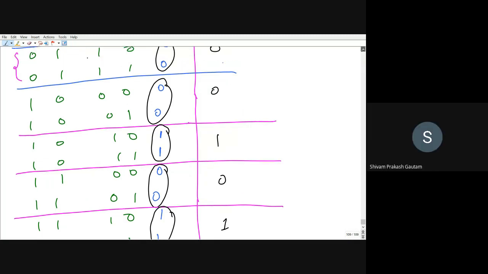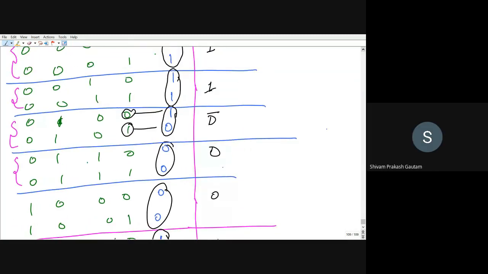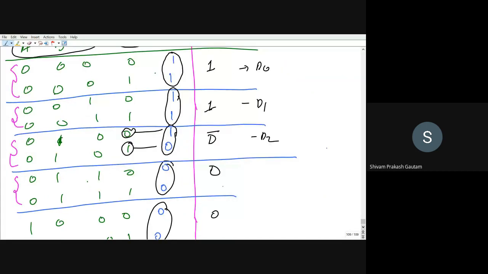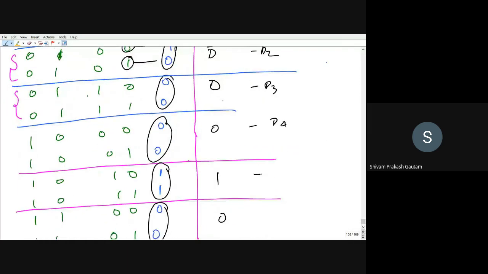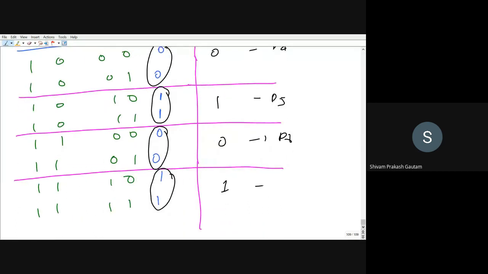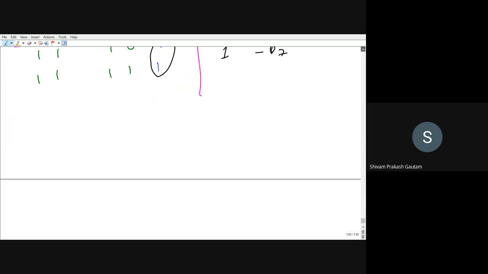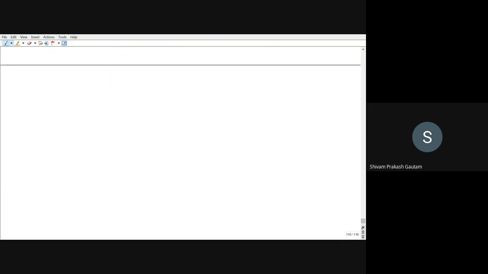Okay, so this will now represent our D0 line, this will be D1, D2, D3, D4, D5, D6, and this will be D7. So now we can use an 8x1 multiplexer. I can have an 8x1 multiplexer here.